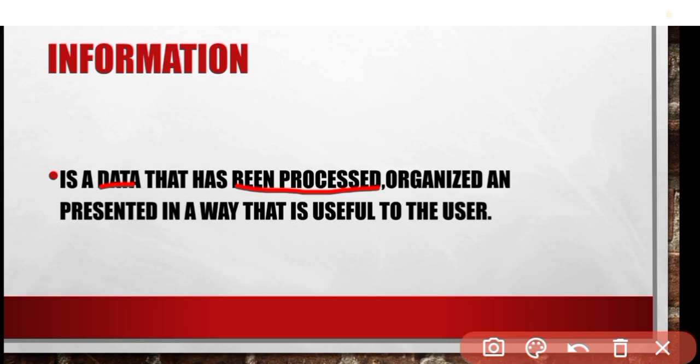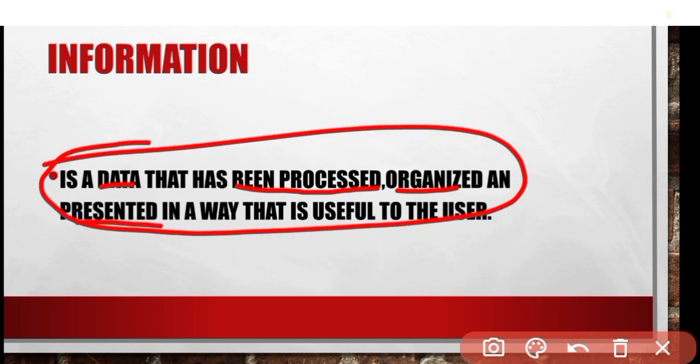When they get processed, organized and presented, they become useful to the user, and that now becomes information. For example, the same thing I'm writing here, this is information because I produced the meaning of the word information from our data.